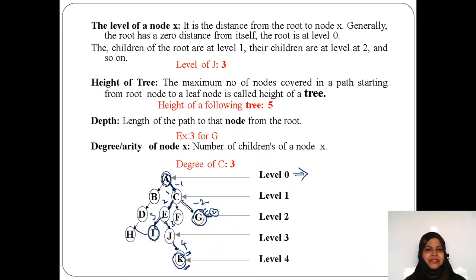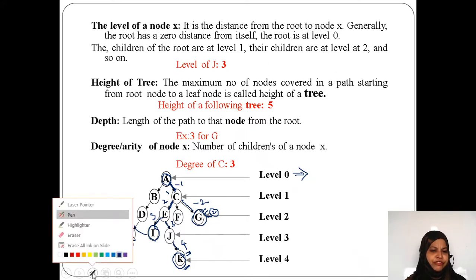Next is height of the tree. Height of the tree means the maximum number of nodes covered in a path starting from the root node to a leaf node. See here, we have to check from all its leaf nodes.